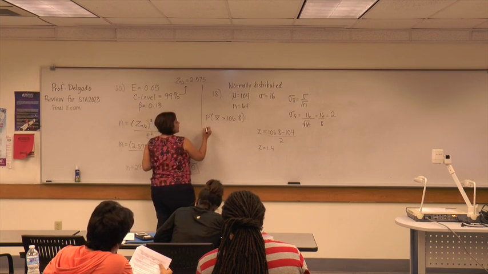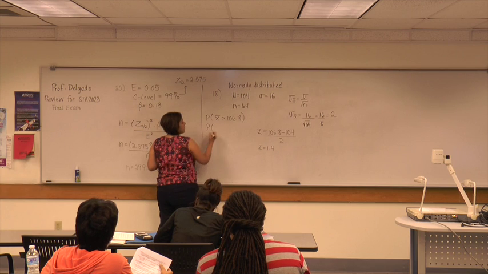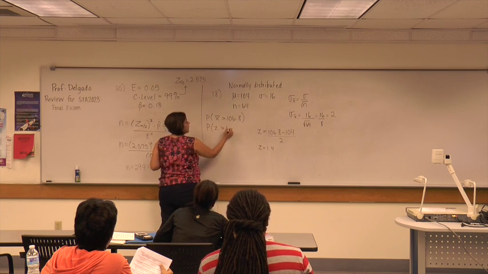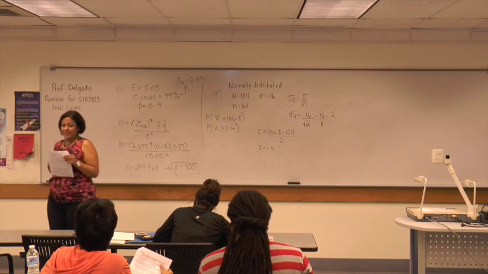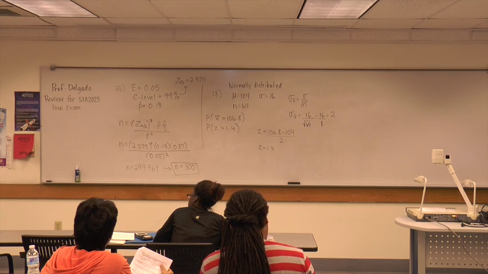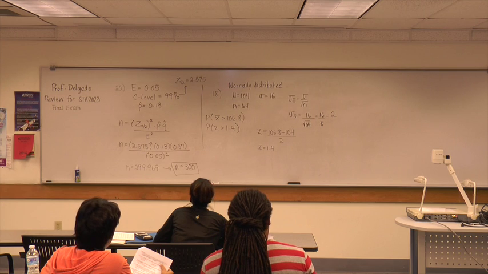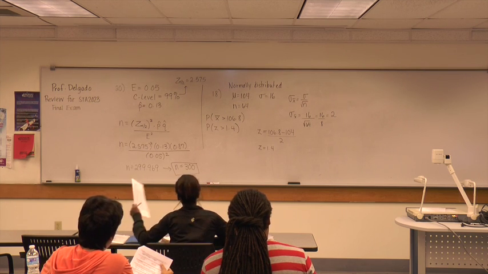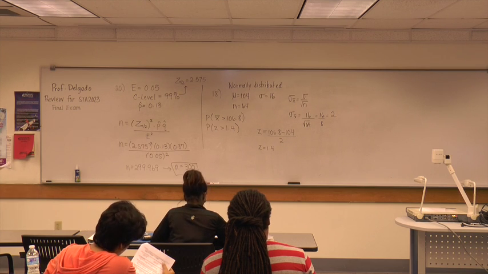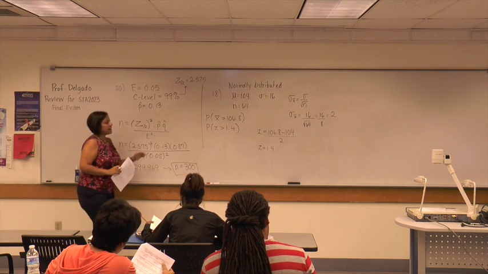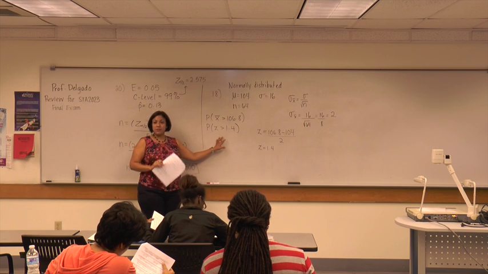And so this question can be written this way: what's the probability that z is greater than 1.4? Everybody okay with where we've gone so far?